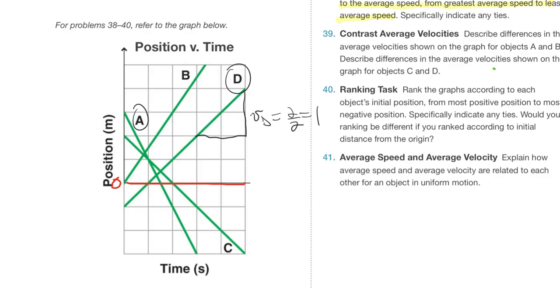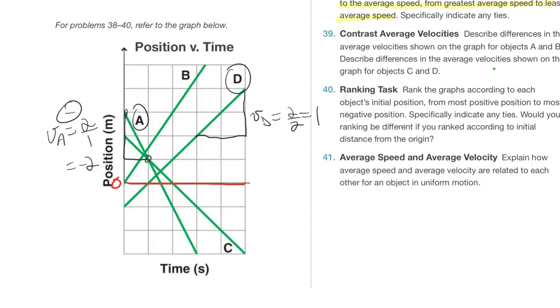Whereas the velocity of A, I'll just use this one between those 2 points, is 2 over 1. But it's negative because it's downhill.